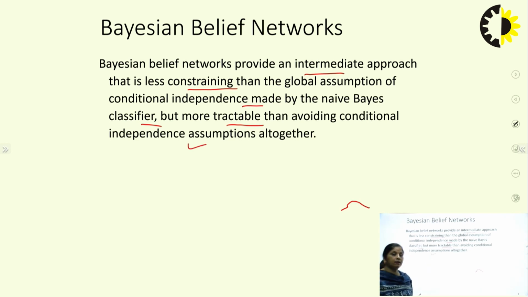If we avoid it entirely, Bayesian learning becomes very intractable and expensive. So we avoid that restriction with the help of a subset of variables, finding conditional independence within subsets rather than across all the variables.